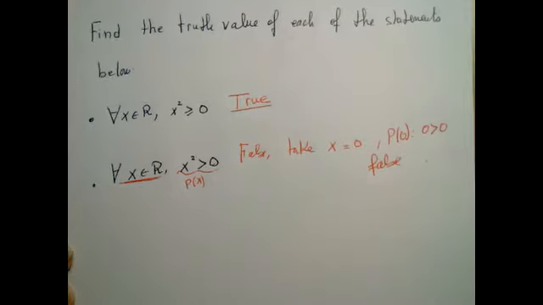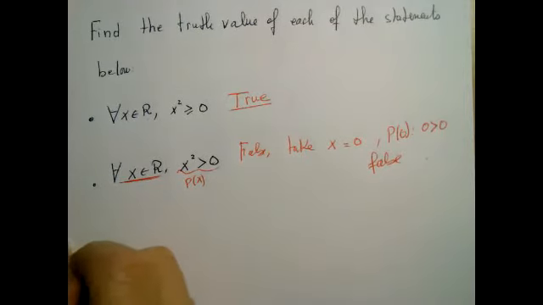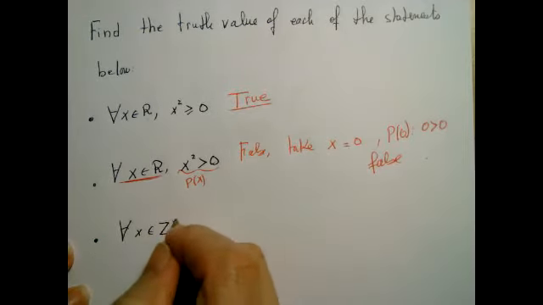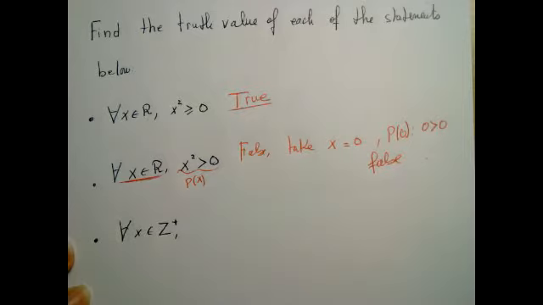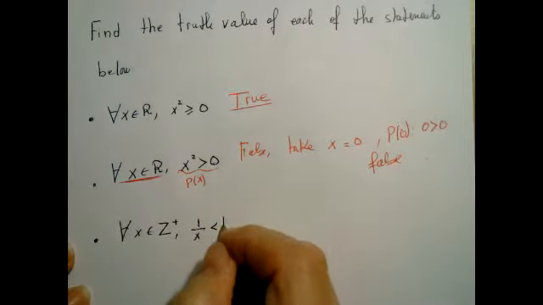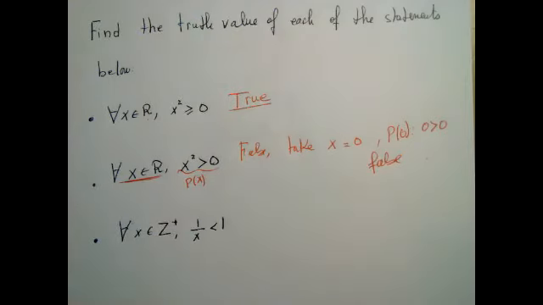All right, two more. Again, they are simple because we don't know how to prove yet, so I have to give you simple problems. For all x in Z plus, now Z plus is 1, 2, 3, all the positive integers, 1 over x strictly less than 1. True or false? So remember my domain.